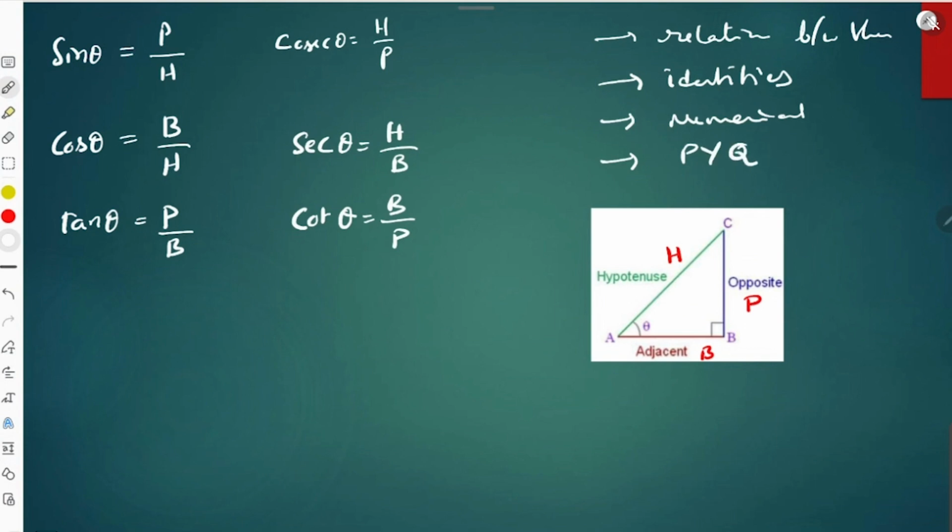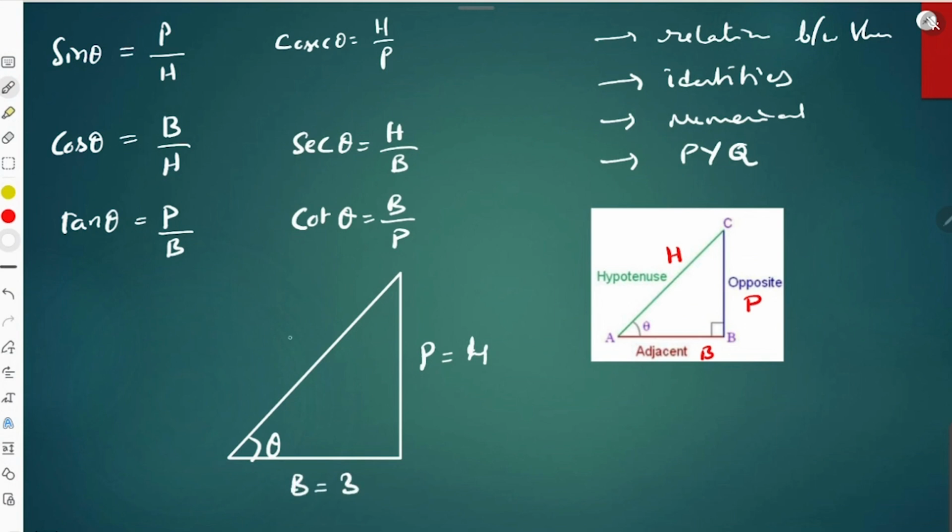Okay. Suppose here you have a right angle triangle, and suppose this is the reference angle theta, and the perpendicular is given as 4 meters, base is given 3, and hypotenuse is given 5.